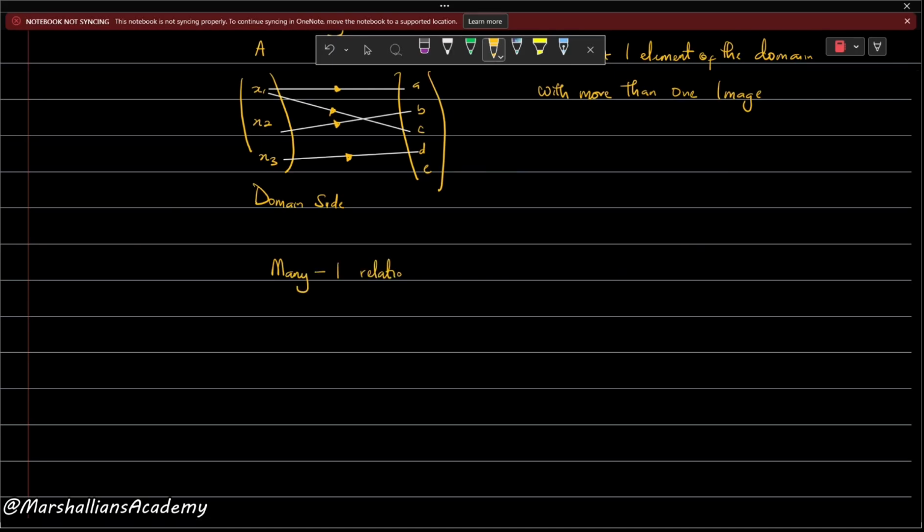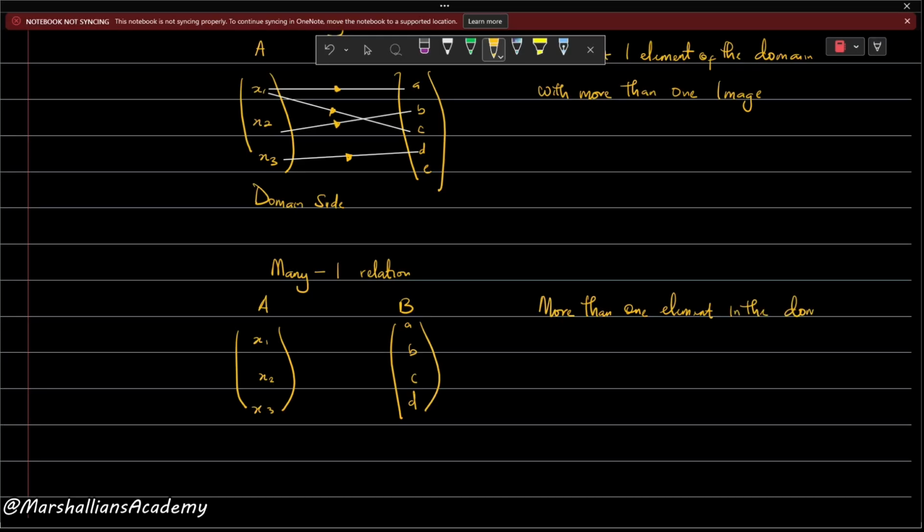Let me illustrate with members of the set x1, x2, and x3, and let's say this is A, B, C, D. For you to have a many-to-one relation, more than one element in the domain must have one common image. Let me write it for you.